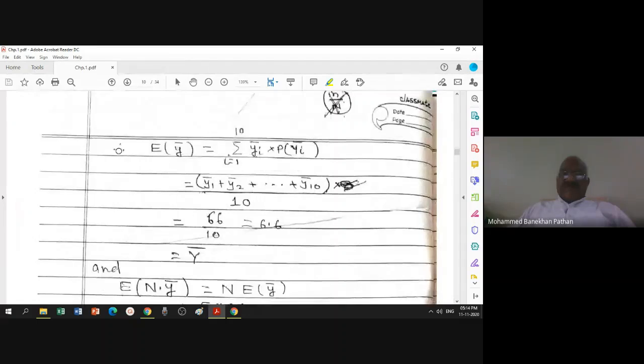Now, therefore, the expected value of y bar. I want to prove that the sample mean is an unbiased estimate of the population mean. So this is equal to the summation over i from 1 to 10 of y bar i multiplied by the probability of taking the value y bar i.